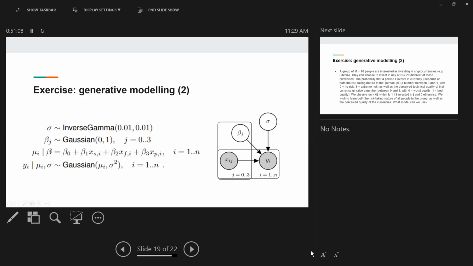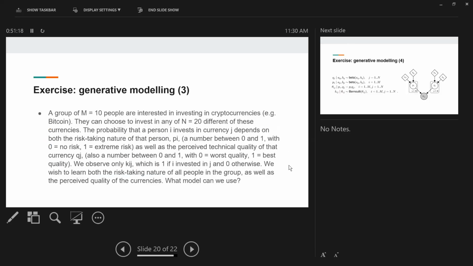Okay, is it clear for everybody in the chat as well? And here, does everybody have any questions? Okay, then I have another one. That's the last exercise.